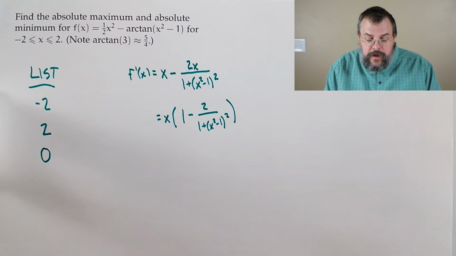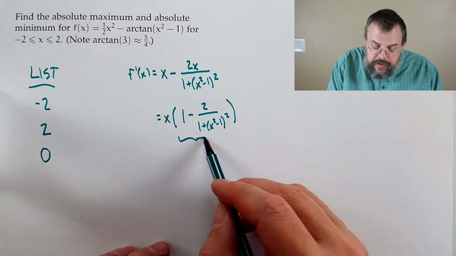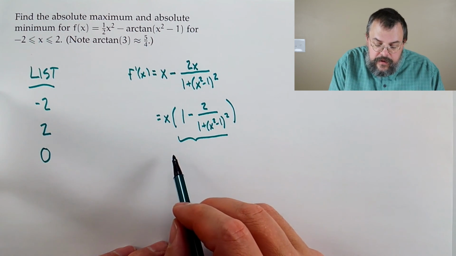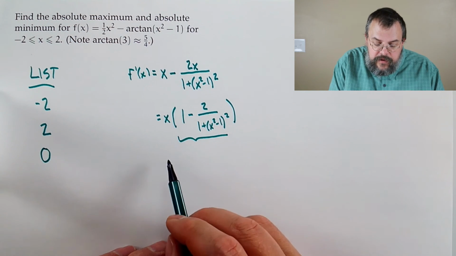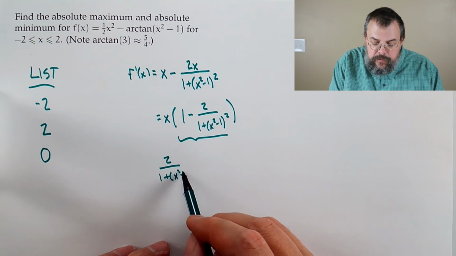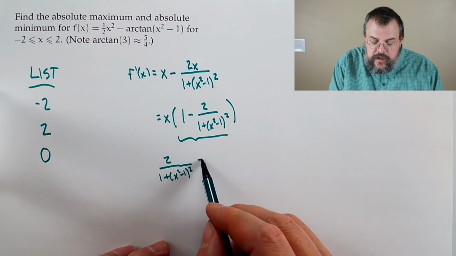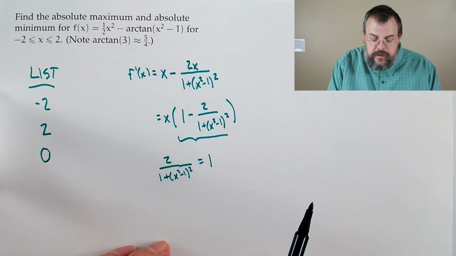The last thing is we've got to explore this piece over here. So let's think about what needs to be true. In order for this to be 0, we need 2 over 1 plus x squared minus 1 quantity squared to equal 1, because that needs to cancel with that, right?